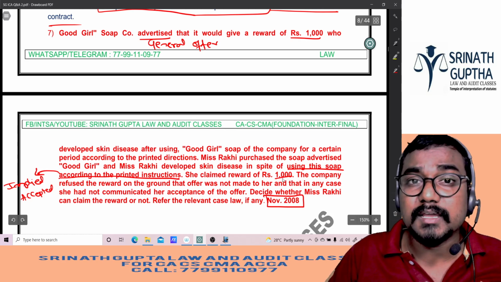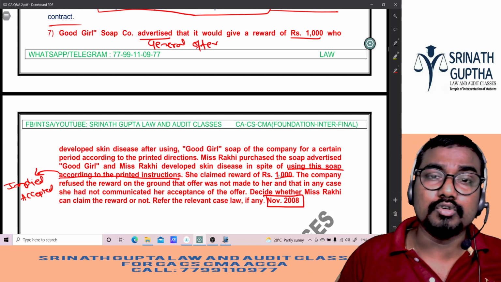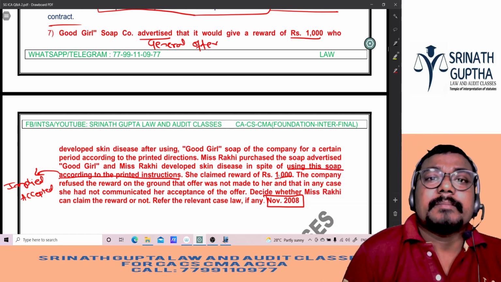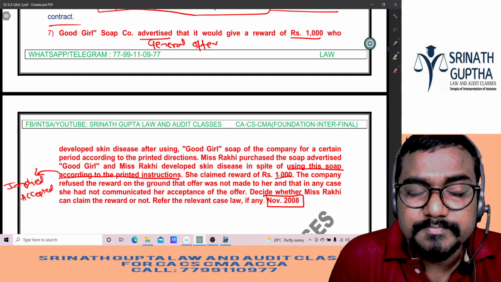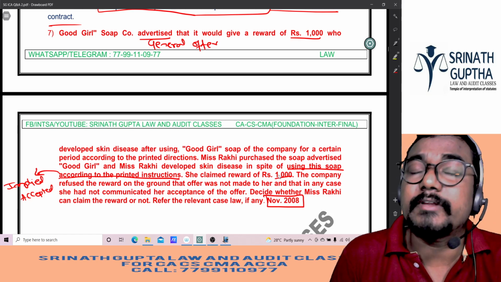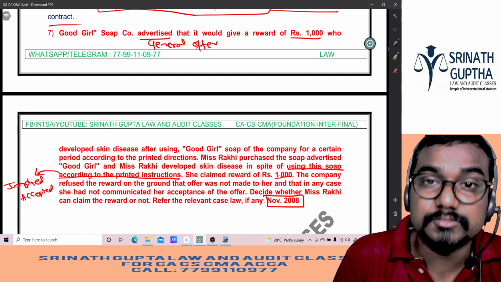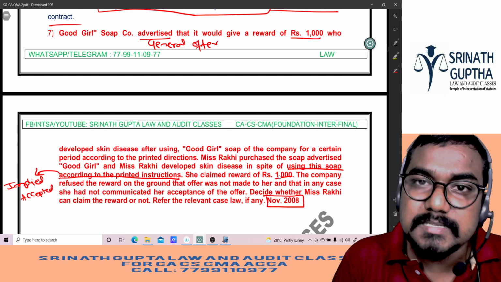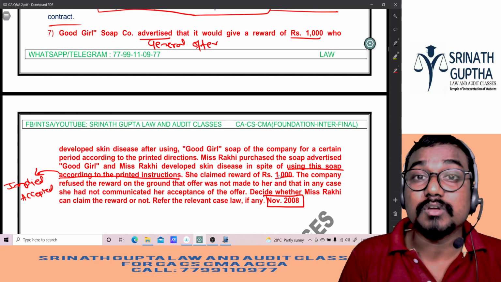So what is she doing, beta? She is filing a case against the Good Girl Soap Company for claiming 1000, because they said in the offer, use the soap for 5 days and you will not get the skin disease; if you get it, we will give you 1000 rupees. Raki used it, there is acceptance, but she still has a skin disease, so she wants to claim 1000 rupees.